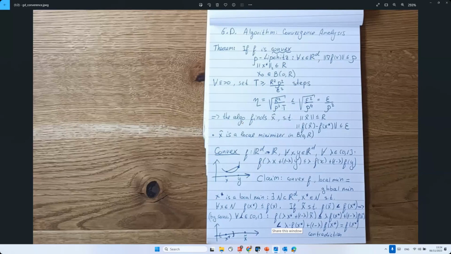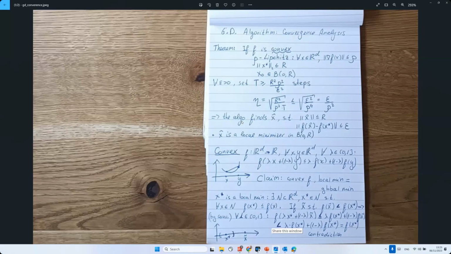If we are looking at the whole domain of the function, maybe there will be some point which has a smaller value, right? But for convex functions, it's not true. For convex functions, if you find the local minimum, it also for sure is the global minimum. So convex functions have only one minimum, which is the global minimum.